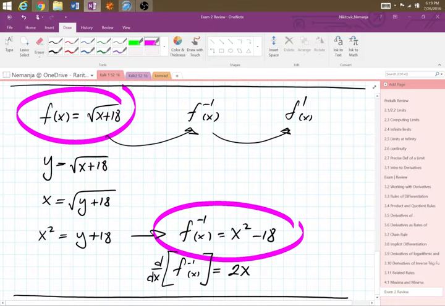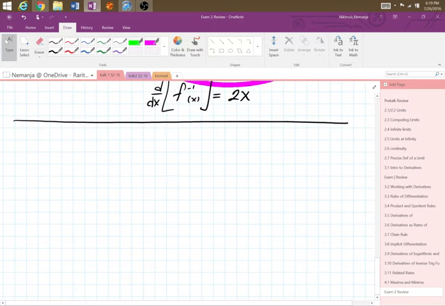A spicy problem incoming. Tangent line with the implicit derivative.